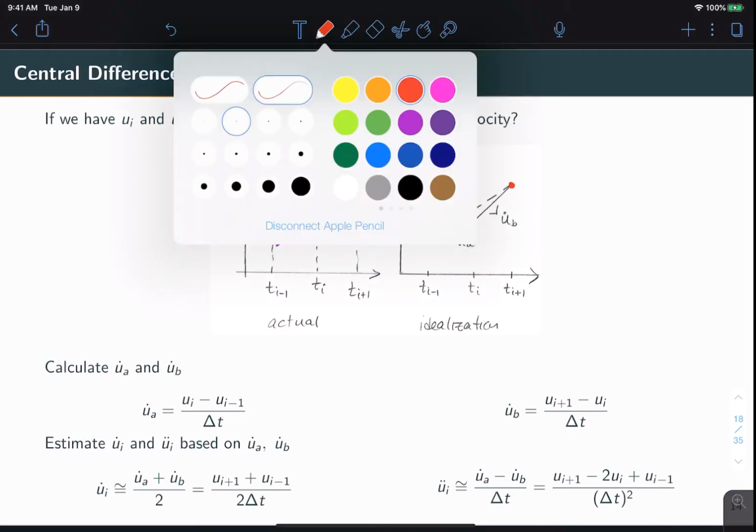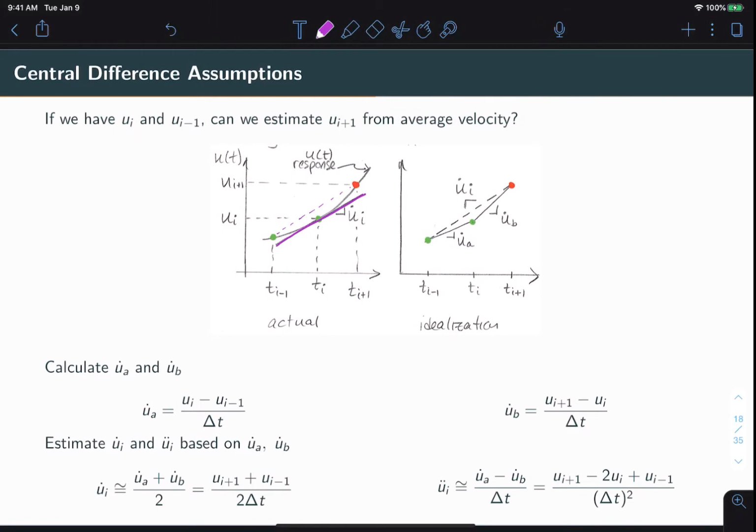And so the way this method approaches it is that we calculate an average velocity between ti minus 1 and ti, which we call u dot a, and we calculate an average velocity between ti and ti plus 1, which we call u dot b, and then we calculate finally an average velocity between ti minus 1 and ti plus 1, which is what we call the u dot i. And it's this u dot i that we can use to project forward.